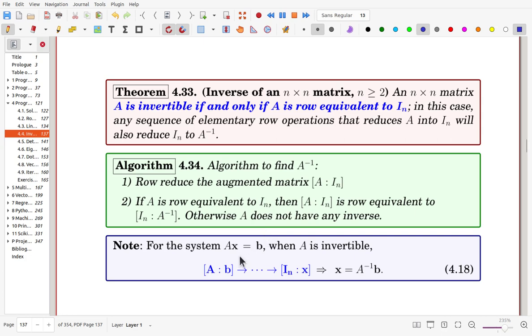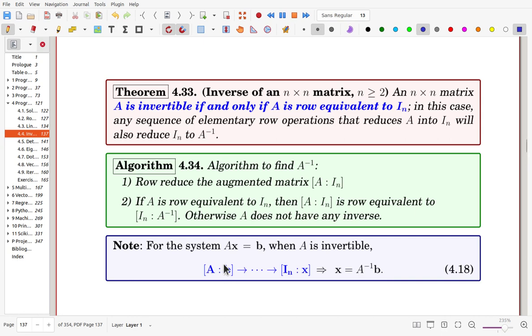When we try to solve AX equals B, and A is invertible, which means that there are n pivot positions, then from this augmented matrix, after applying elementary row operations, we can reach the identity matrix, and the extra column will be the solution X, which is the same as A inverse times B. So we start with B over there.